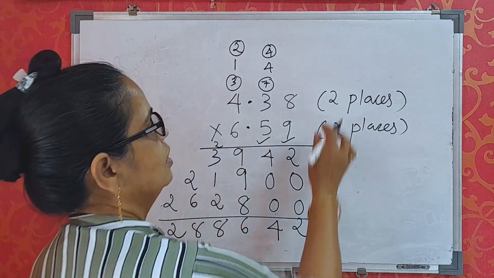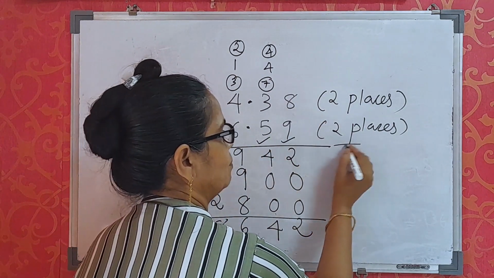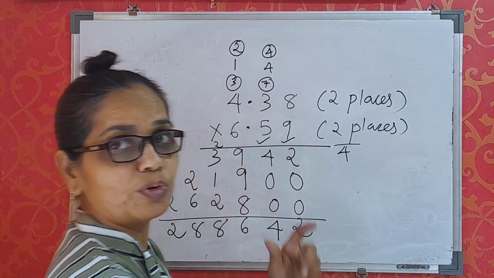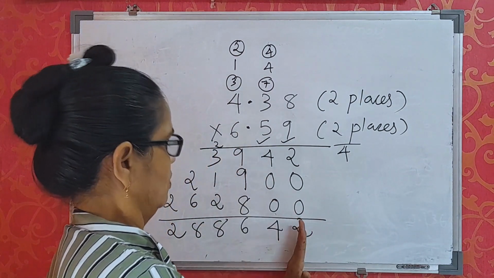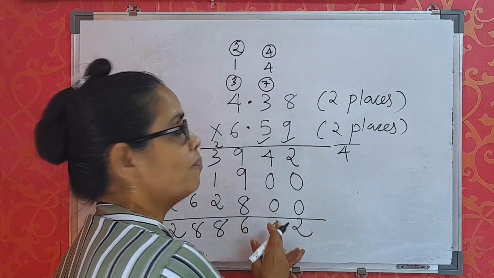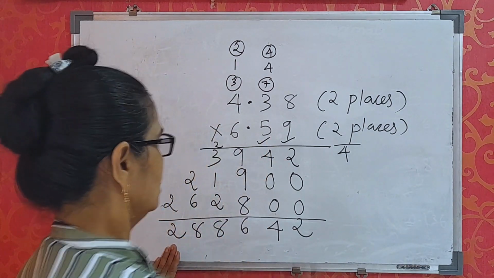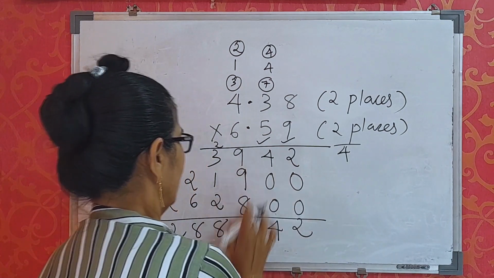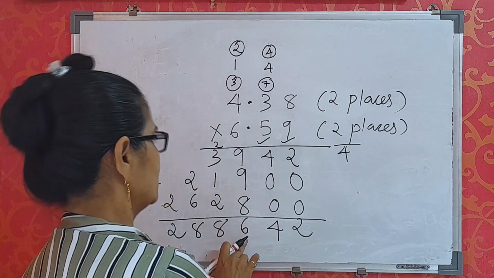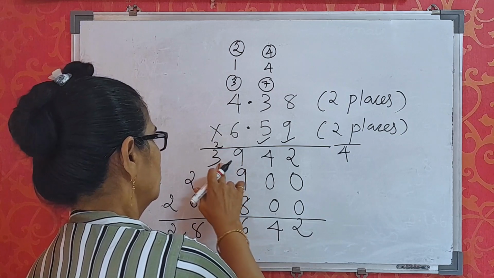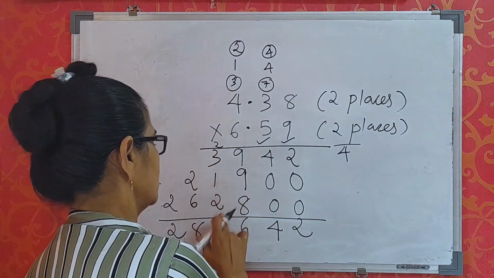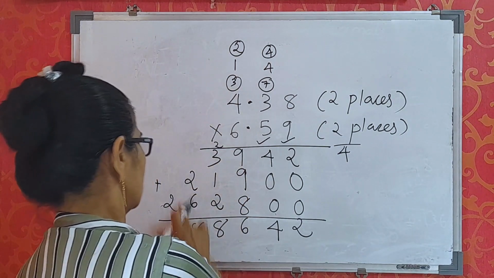Now here 2 plus 2, that means 4 places. So now you are putting your decimal point. From the right side, leave 4 places. Add all these 3 numbers and get your answer. 2, 4, 18 plus 8, 26, 2 carry forward, 2 plus 3, 5, 6 and 2, 8, 8 and 2.